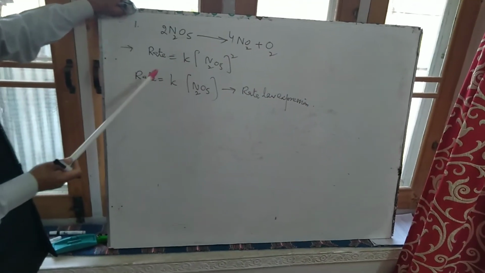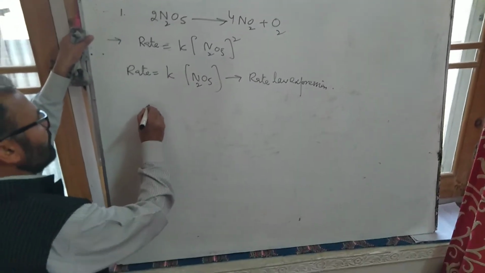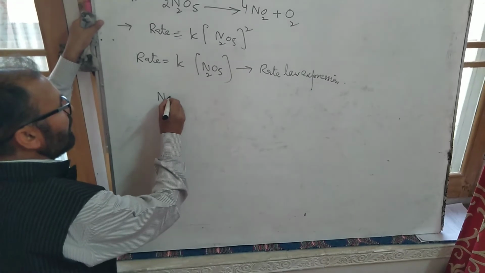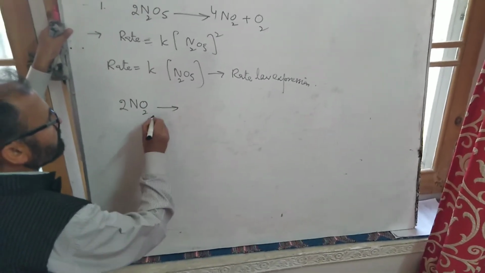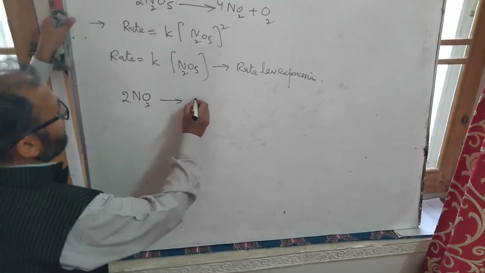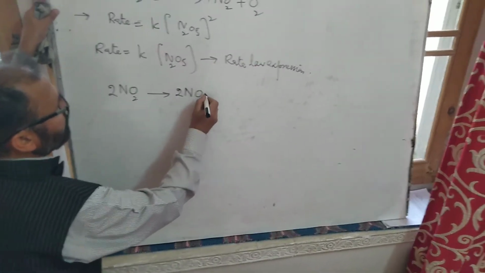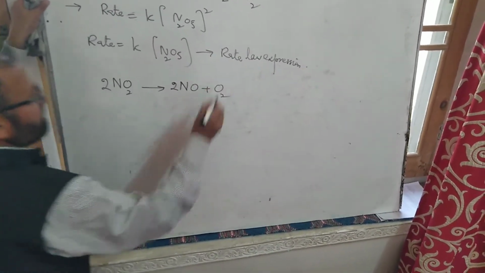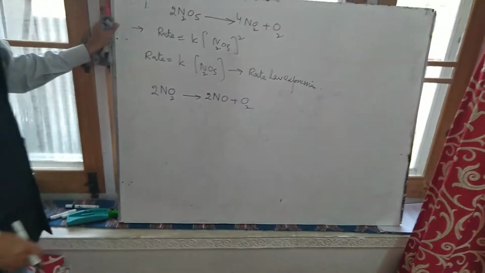For example, the equation 2NO2 gives 2NO plus O2.